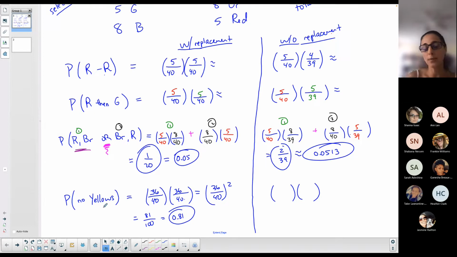This is a large probability, a large percentage. Would you say it's highly likely that I go to this bag and I select 2 M&Ms and I don't get a yellow? Does it make sense, though, that that would be so large?